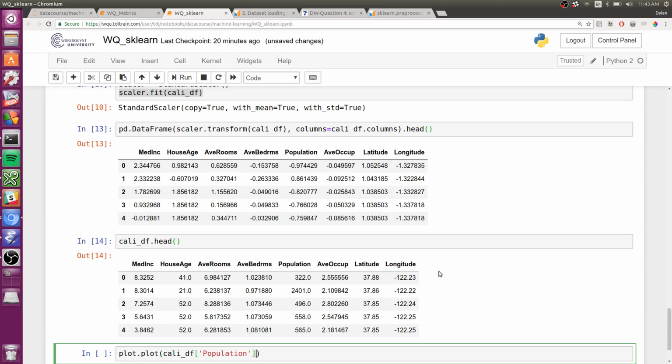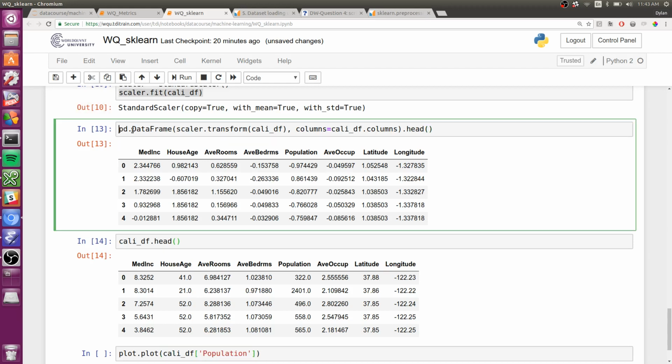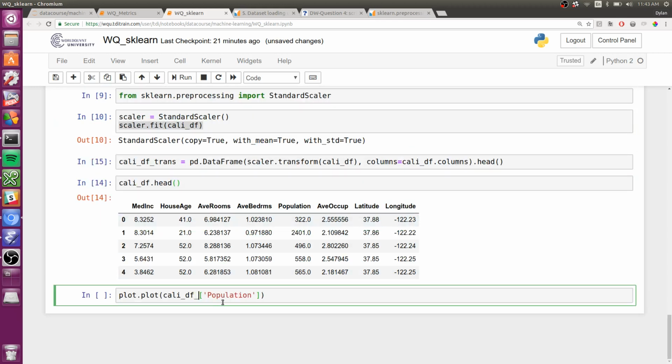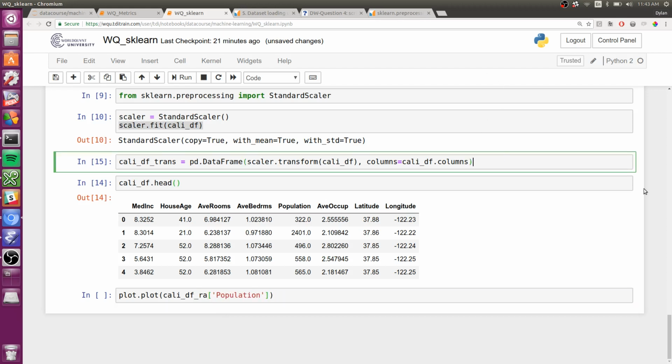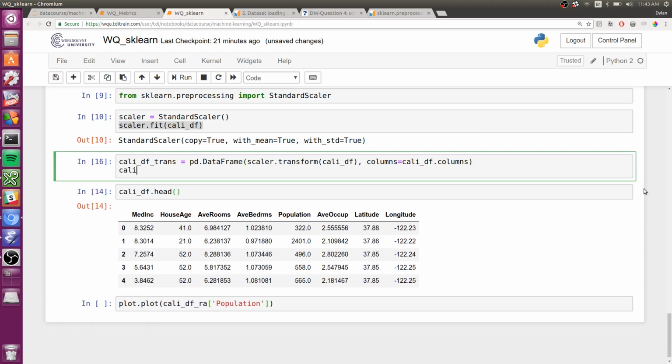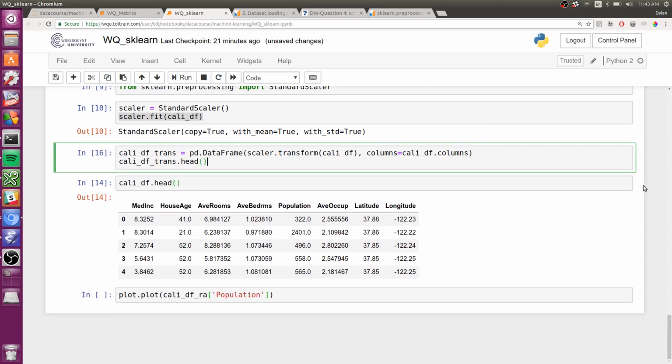So maybe I'll call this tally df trans for transform. Oops, I don't want head here. There we go.